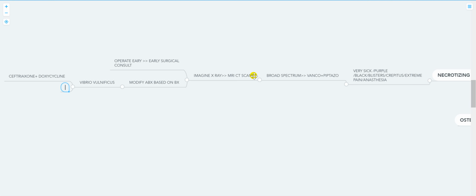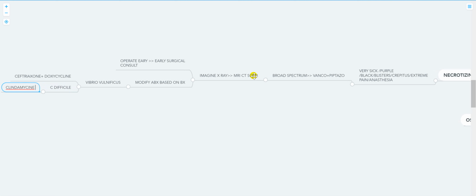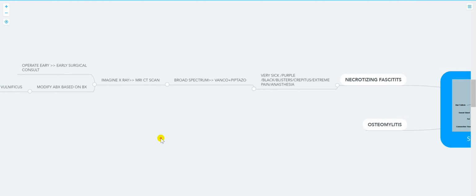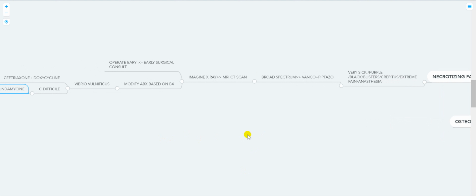Could be strep pyogenes, we continue the same thing. If it's C. difficile, we add clindamycin. Okay, so these are the management for the severe cellulitis.